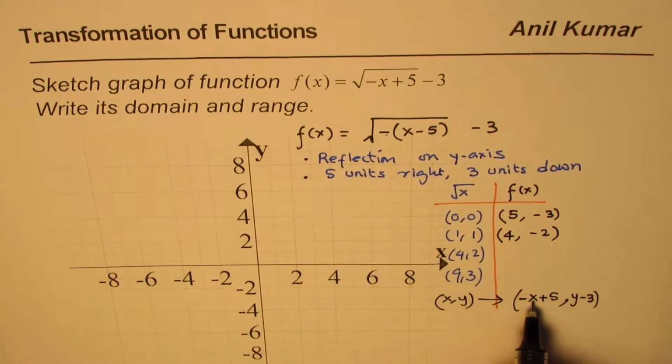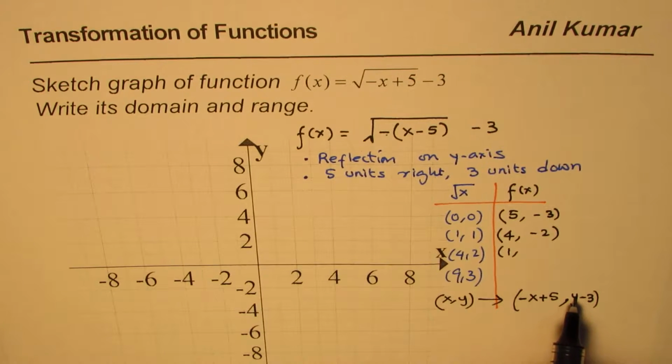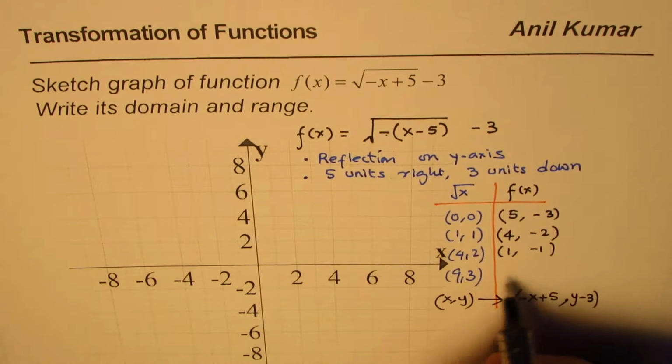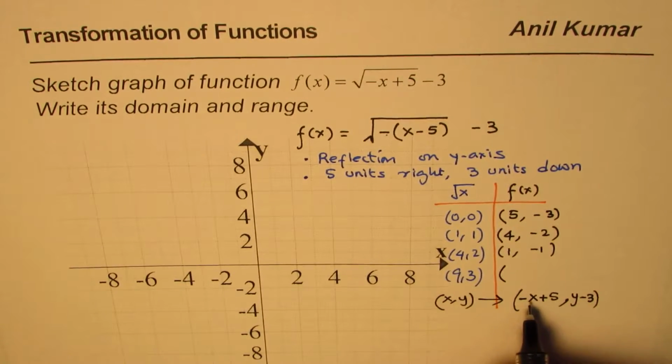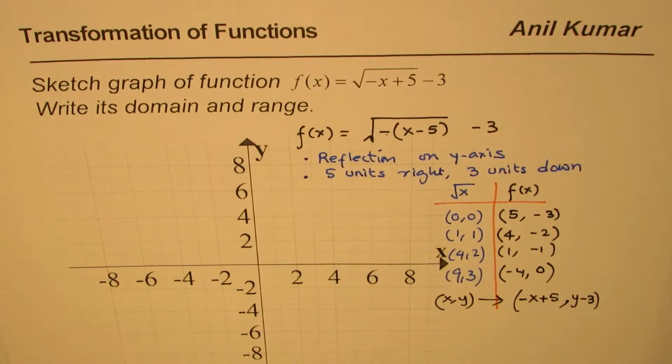If I substitute 4 here, minus 4 plus 5 gives me 1. And if I substitute 2 here, 2 minus 3 is minus 1. For 9, minus 9 plus 5 will be minus 4. And 3 minus 3 will give me 0. So these are the transformed points, right?